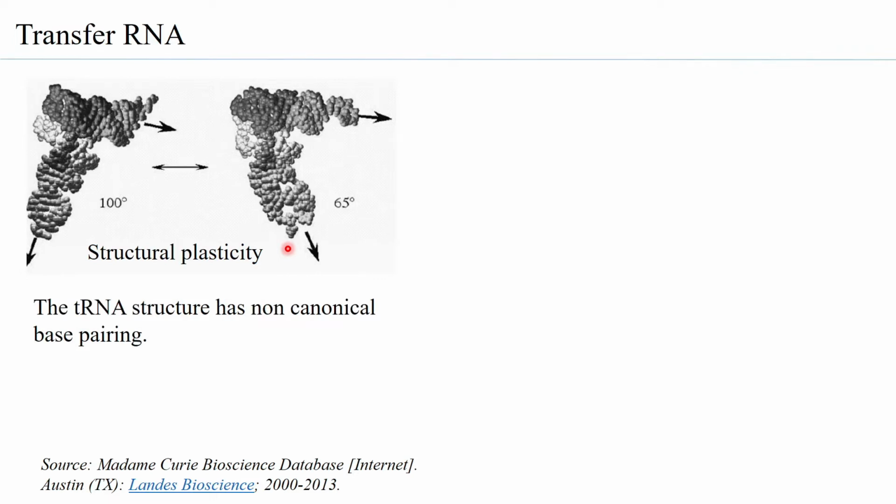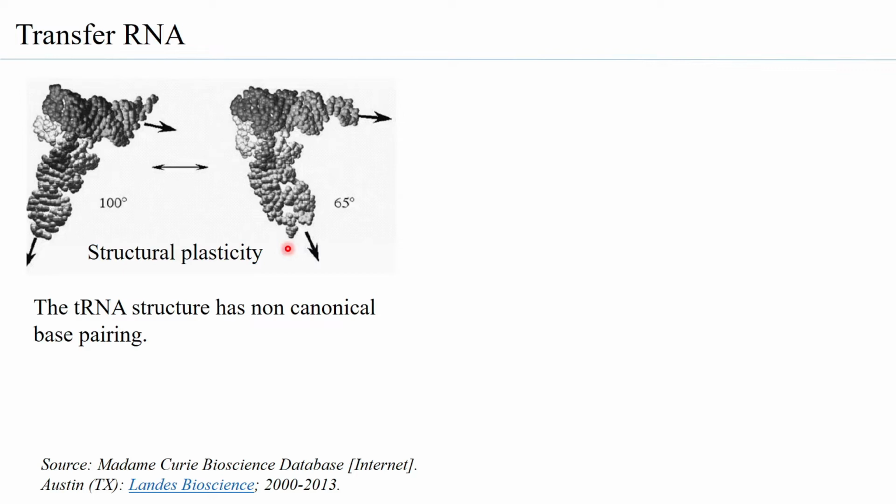Another fact that is important for tRNA is that it has non-canonical base pairing. So the fact that it is able to change its conformation has been attributed to a great extent to the capability of the non-canonical base pairs to become flexible.